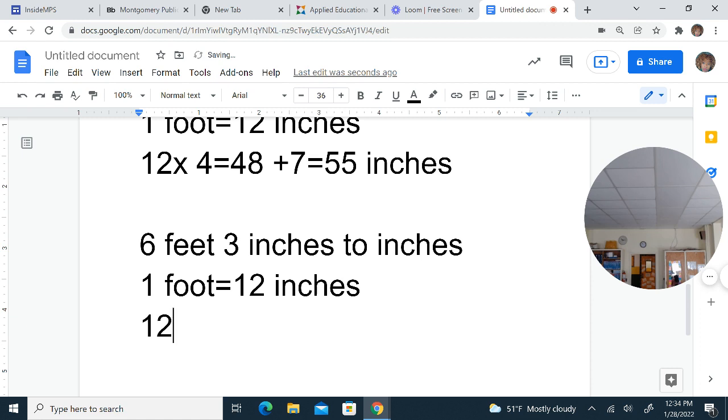So 12 times 6 is 72. Plus 3 equals 75 inches.